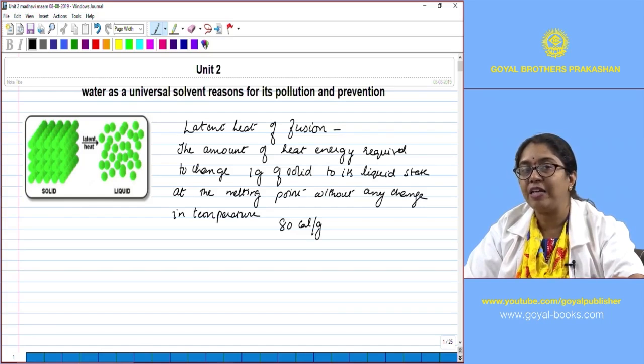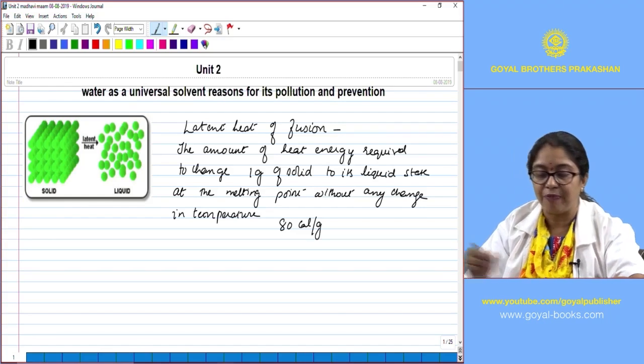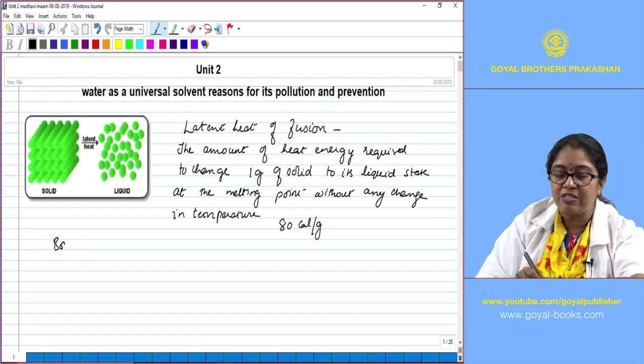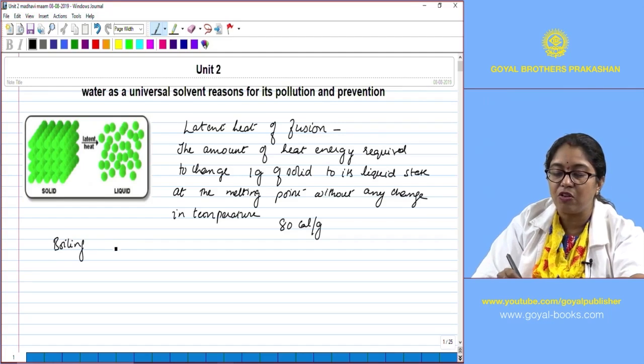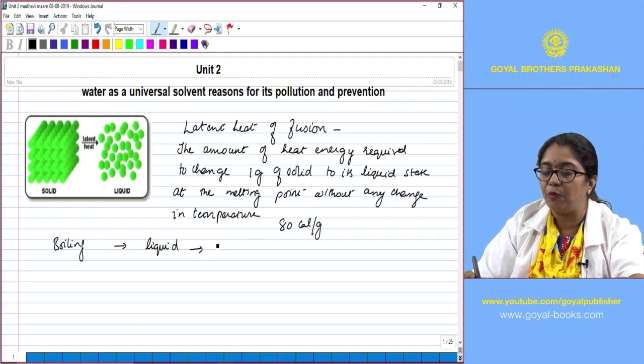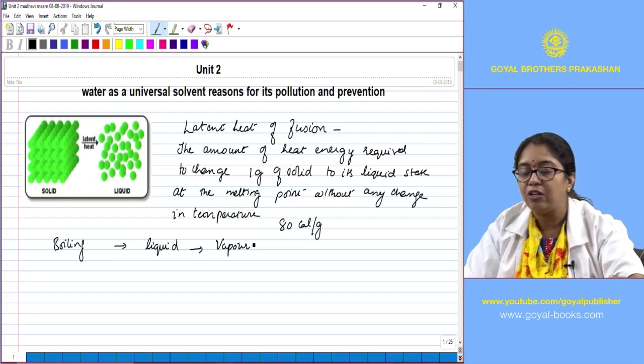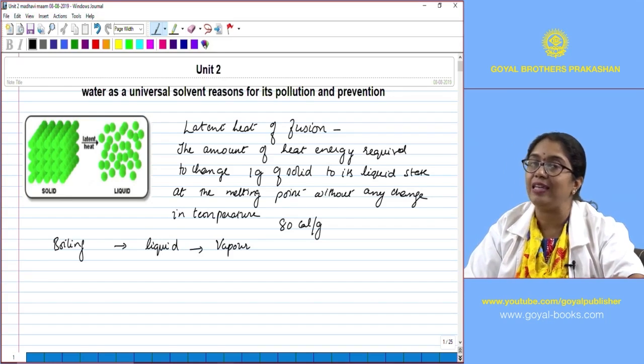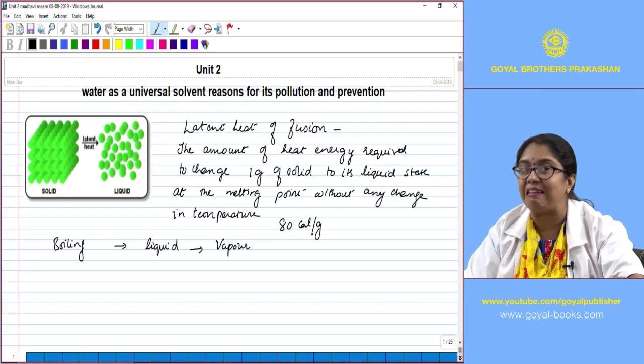Now coming to the next process, boiling. Boiling is the process of conversion of a liquid to its vapor state or gaseous state, and boiling is also brought about by heating.